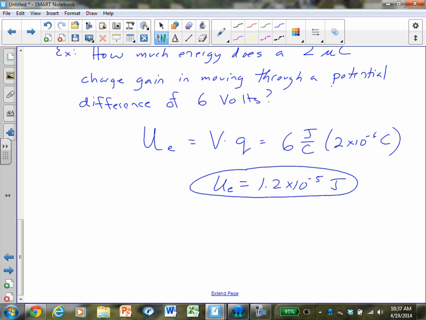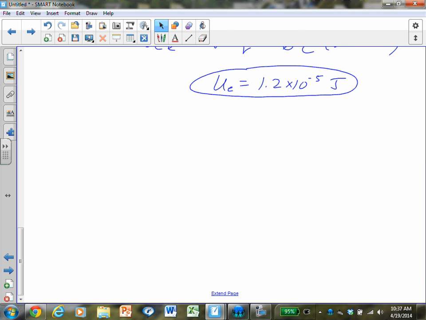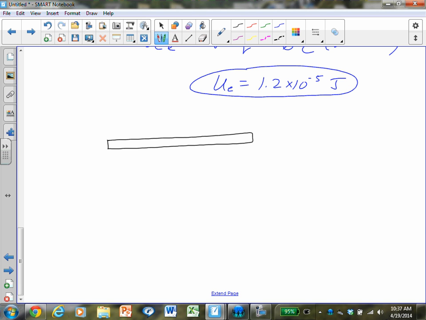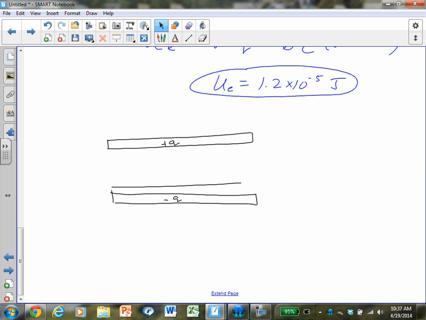Now, when you take plates that are oppositely charged, plus Q and minus Q, you can set up voltage bleachers between the plates.